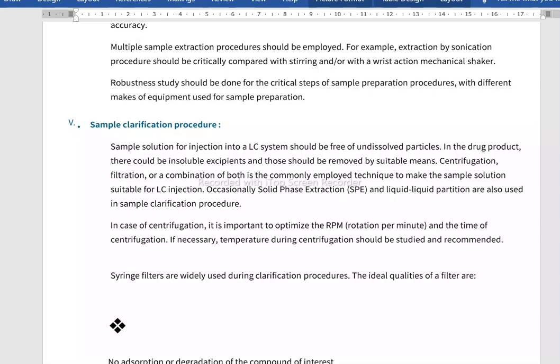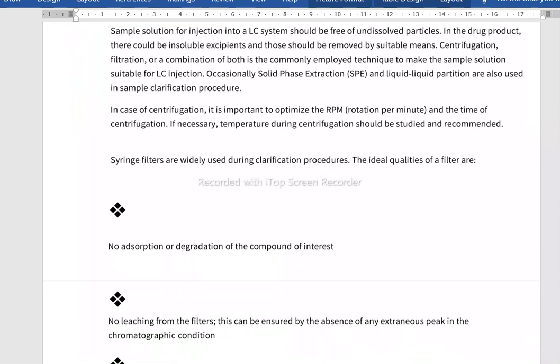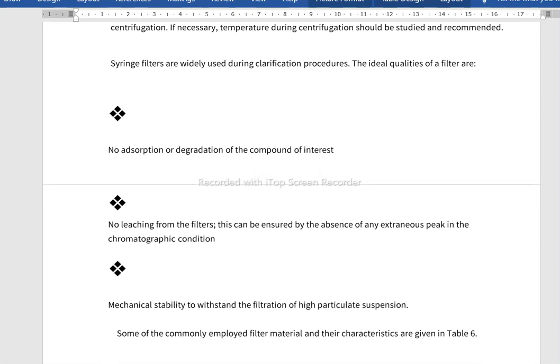The ideal qualities for a syringe filter are: no adsorption or degradation of the compound of interest, and no leaching from the filters. This can be ensured by the absence of any extraneous peak in the chromatographic condition. Also, mechanical stability to withstand the filtration of a high particulate suspension.